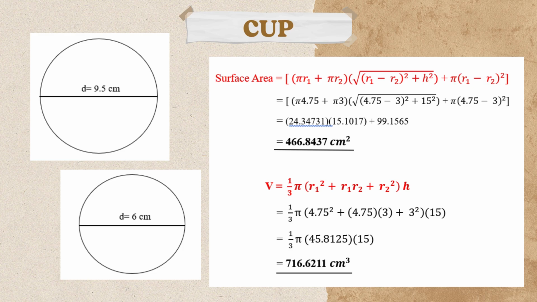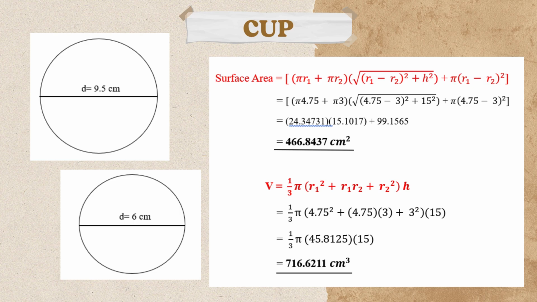By using the formula 1/3 pi open bracket r1 squared plus r1 times r2 plus r2 squared close bracket h, we can easily find our answer. The height of the cup is 15 cm while the base at the top and the bottom of the cup has a radius of 4.75 cm and 3 cm respectively.